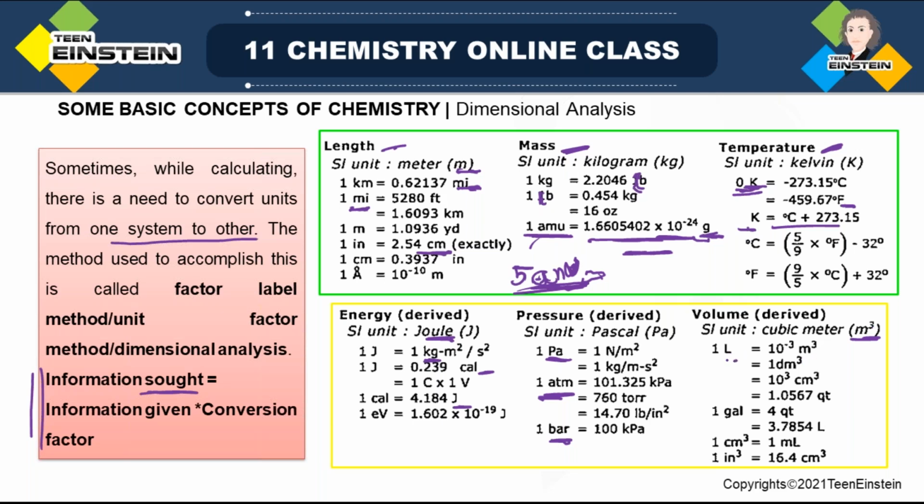Now meter cube, directly you can write liter. So 1 liter will be 1 decimeter cube, but in terms of meter it is 10 to the power minus 3. In this way, how 1 inch is related to centimeter, and centimeter to milliliter, all these are given here. So from this table you can take the conversion factor which will be required for calculation.